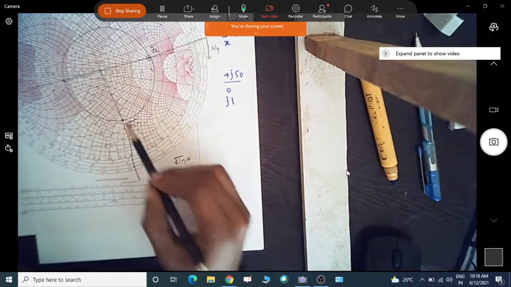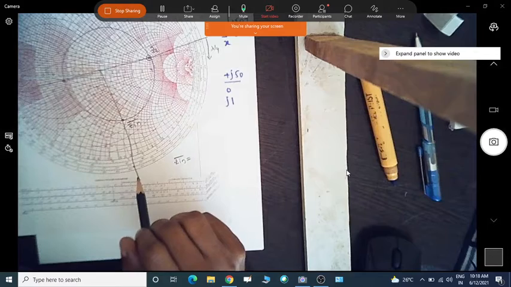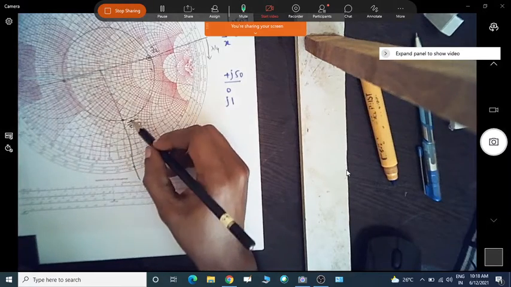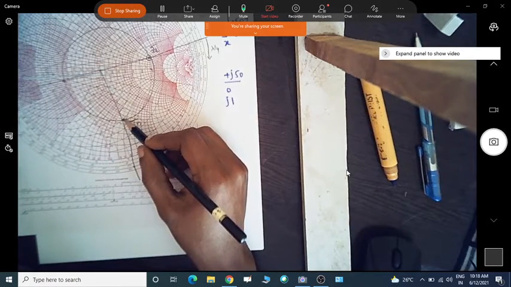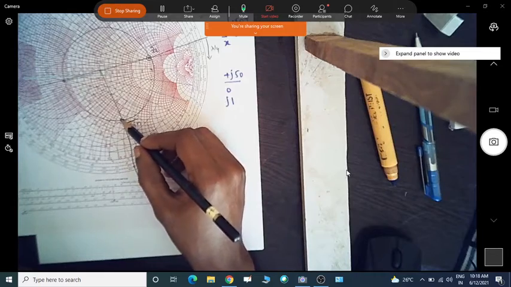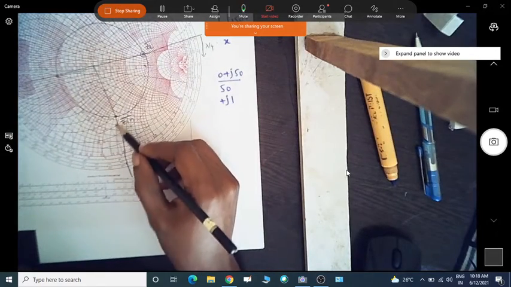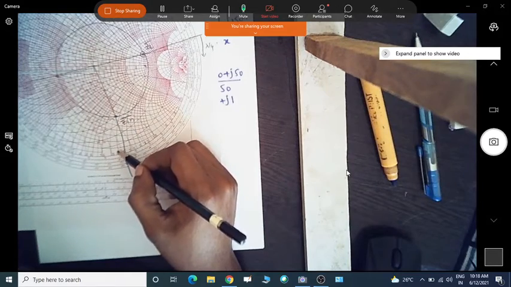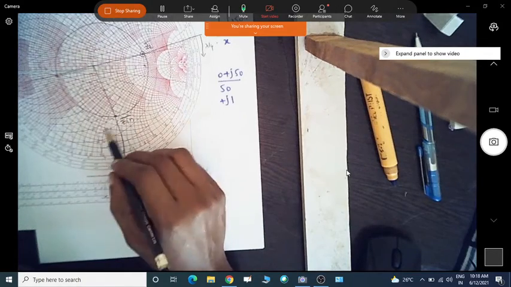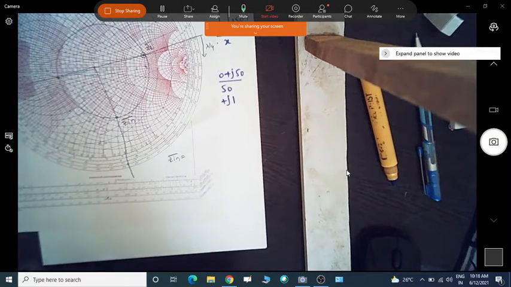Anybody find out? It may be around 0.6 or 0.7, and the reactance value around 1.1 or 1.2, something around like that it will come.